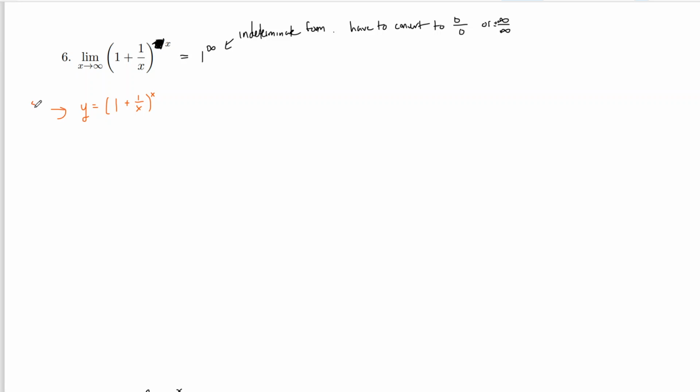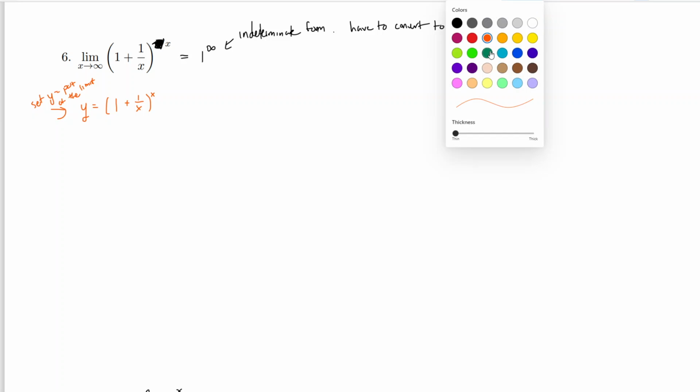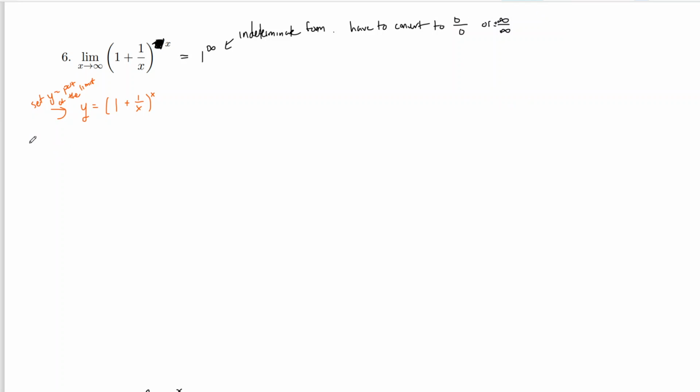So you set y equal to the entire part inside the limit, but not the limit included. Now, some people will say just have y be the entire thing, which is also fine. What we're going to do works, but I just find it easier to worry about the limit at the end. Right? So we do that, and then here's the trick. You take this and you do the natural log of each side.